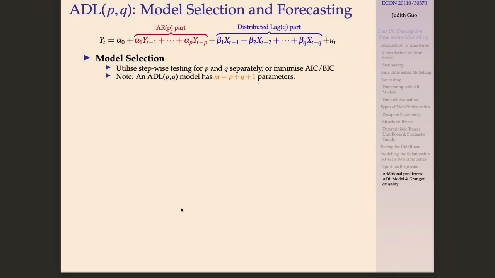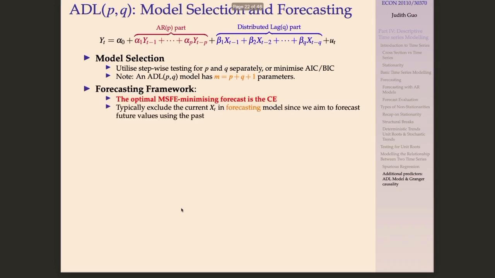One thing to keep in mind is that an ADL model inherently has more parameters to be estimated compared to an AR model. An AR(p) only has p plus 1 parameters, whereas an ADL(p,q) has p plus 1 parameters, on top of that another q parameters to estimate. And the forecasting is the same as before.